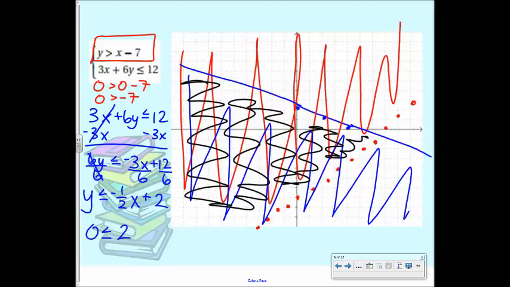Yes? On a test or a quiz, what I'm probably going to do is ask you to name any coordinate that's in that combined set. So you're looking for any coordinate over here. So if I said 10, negative 8, does that work? No. Okay, questions? Go try it.